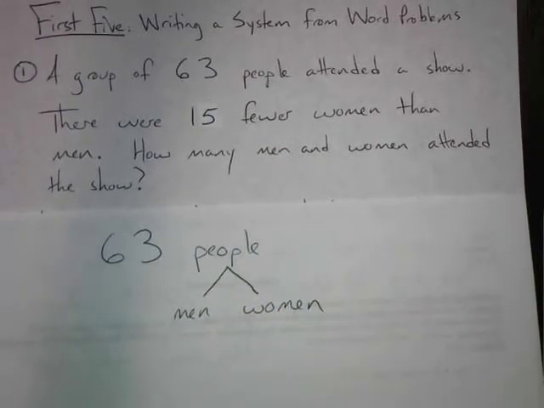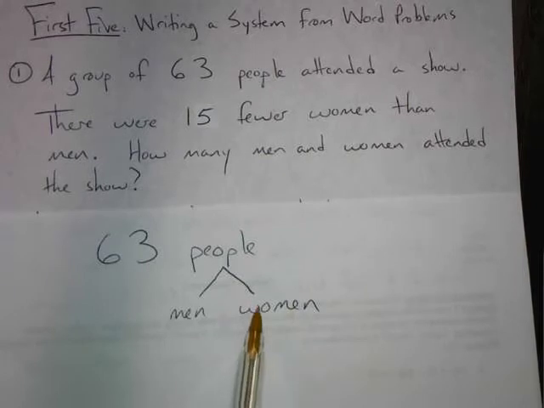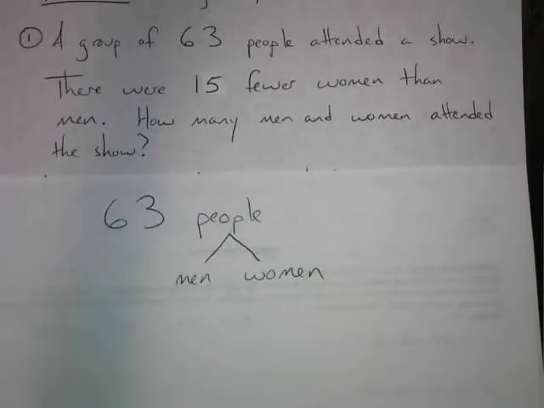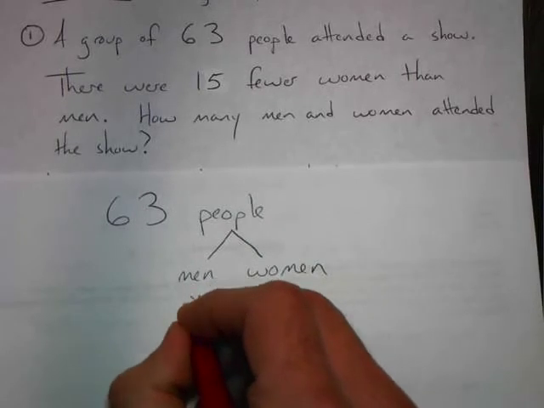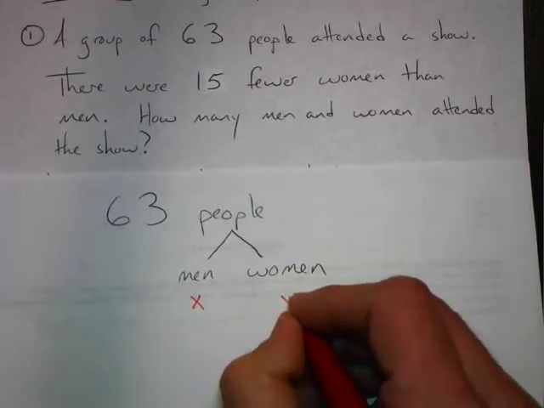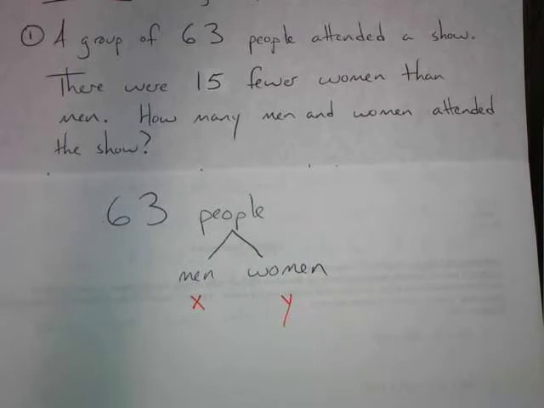All we have to do now is assign a variable to each thing. Maybe our men is X and then our women is Y. We can invent variables. It doesn't matter.